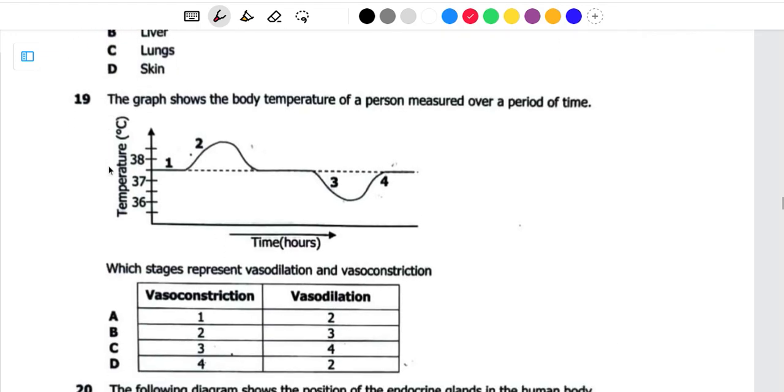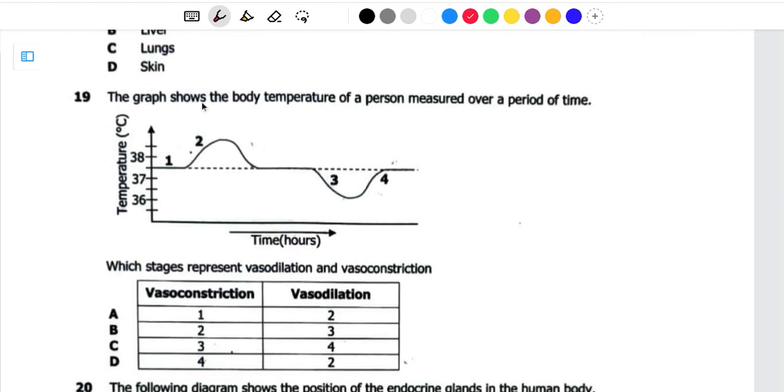Alright, question 19 says the graph shows the body temperature of a person measured over a period of time. When the temperature increases, there will be vasodilation. So at 1 and 2, we have vasodilation.